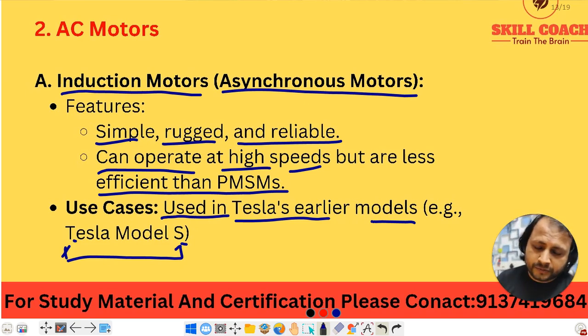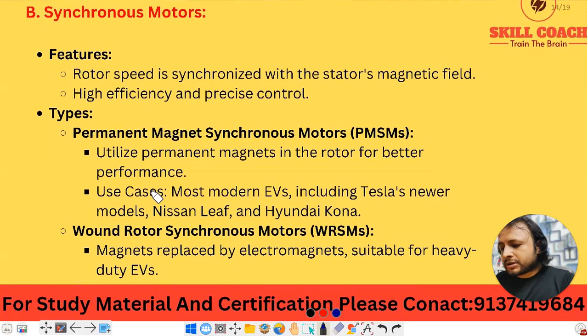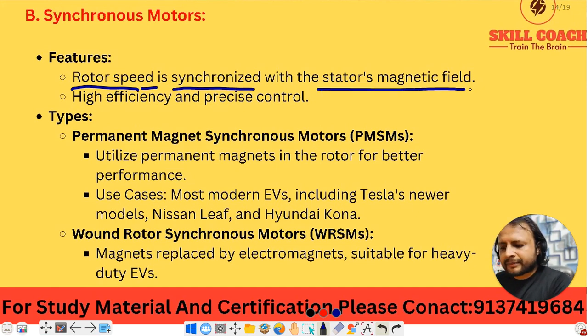It's asynchronous. Okay, Tesla has also learned; today's product is developed as much as the earlier one was. Everyone is doing asynchronous motors, this is widely used. Features: the rotor speed is synchronized with the stator magnetic field, that is an additional advantage.